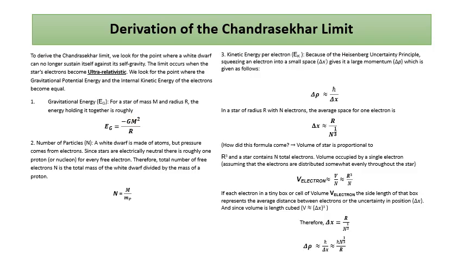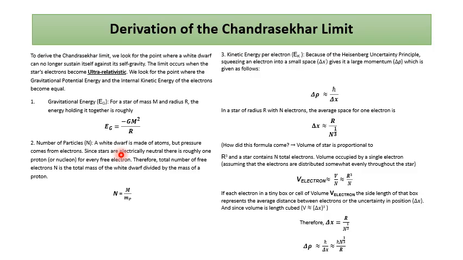Then we have the number of particles N inside the white dwarf, and we are going to focus on the white dwarf star here. The white dwarf star is made of atoms, but the pressure is coming primarily from the electrons. Since stars are electrically neutral, there is roughly one proton for every electron, because plus and minus amount to no charge.